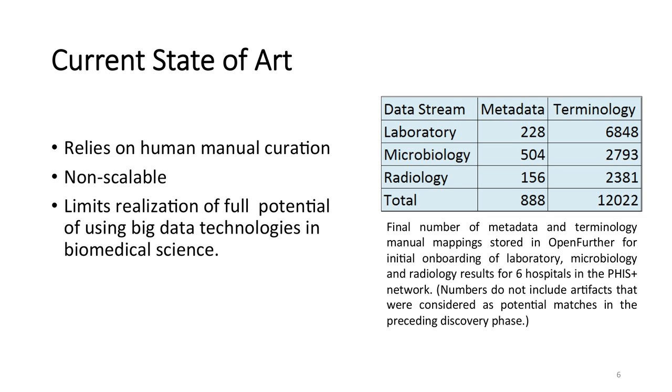All this took a lot of effort from the team, which was based in Utah, and representatives from the 6 hospitals, and took a significant amount of time over 2 years. So this is just to give an idea of how much human effort is involved currently in trying to extract the metadata and then use it in our use case of a data federation platform. Next slide.